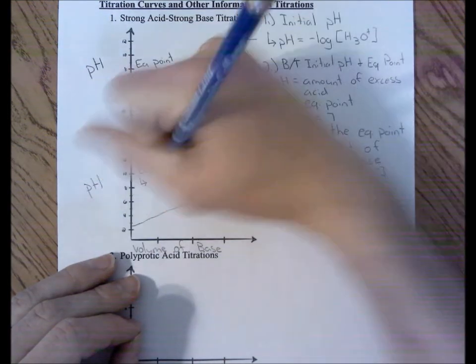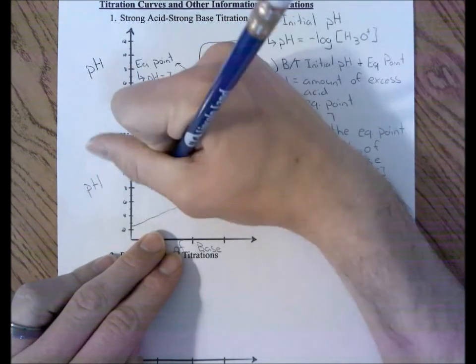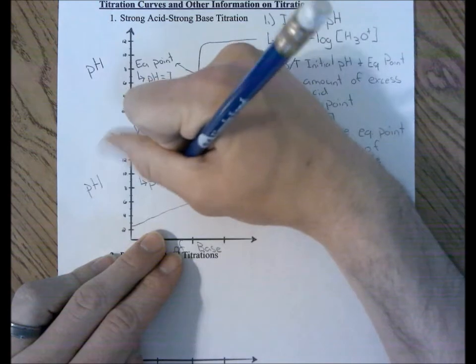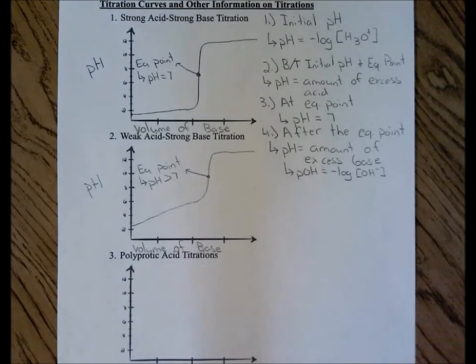The pH at the equivalence point is going to be greater than 7. That's because we have equal moles of hydroxide ions to that weak acid, but hydroxide is a strong base. That's why the pH at the equivalence point is greater than 7.